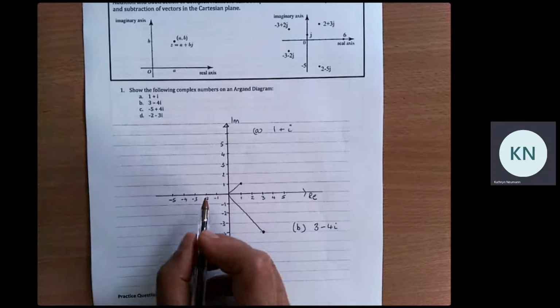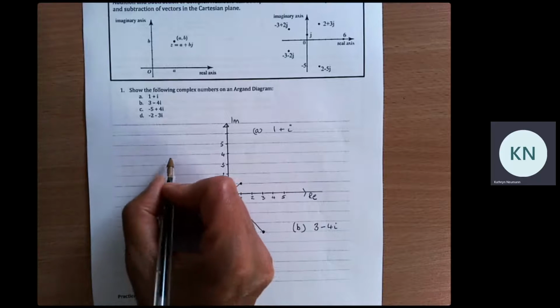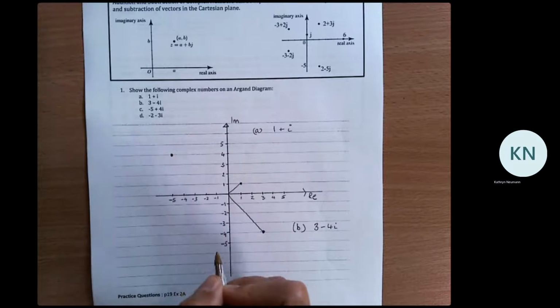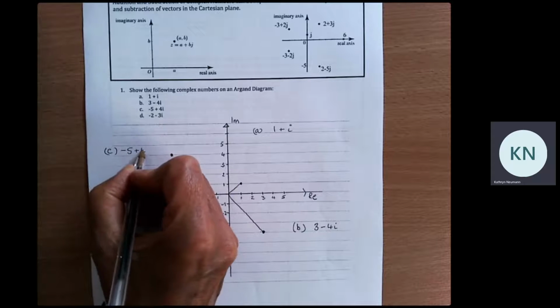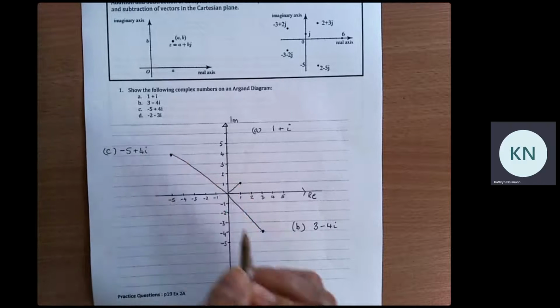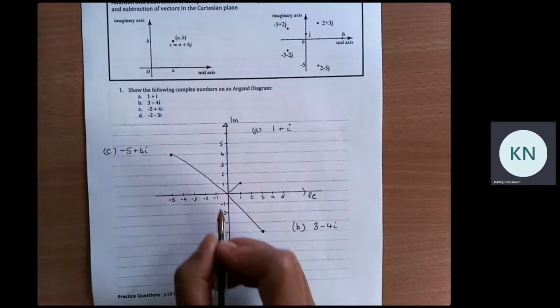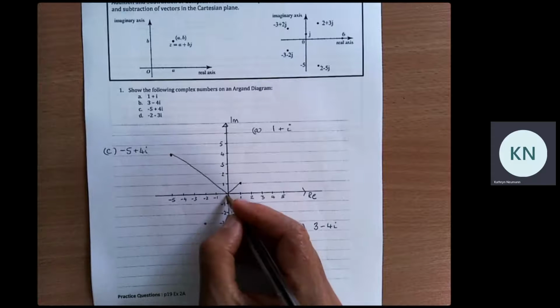Looking at C, we've got minus 5 plus 4i, so that's up here. So we're going to put C, minus 5 plus 4i, and we can join it up like that. And then D, minus 2 minus 3i.